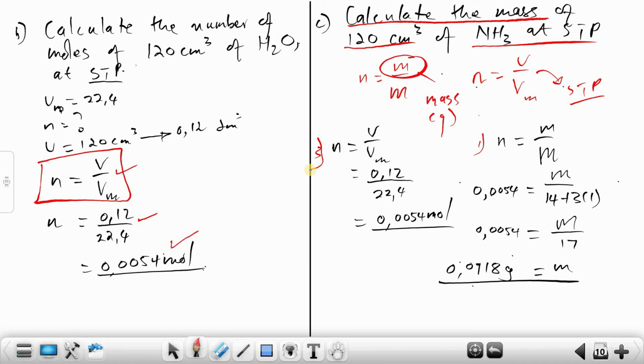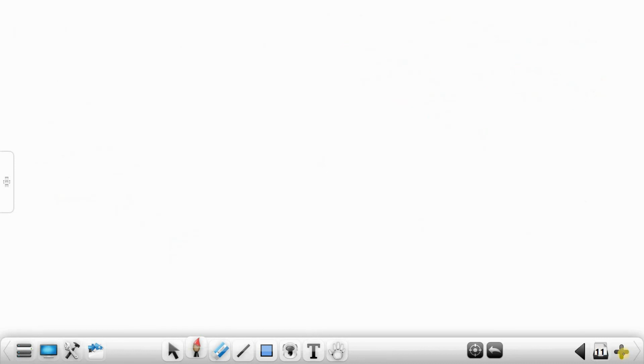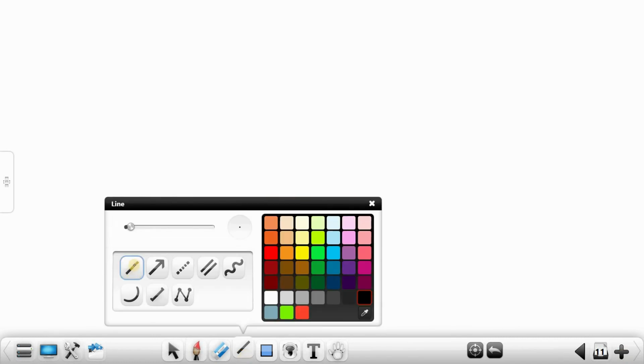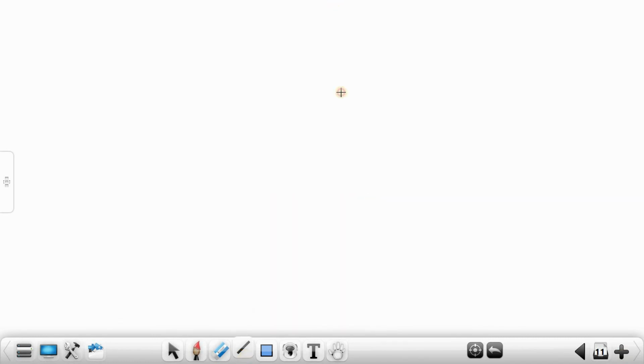The information given always gives us a guideline on how to approach these specific questions. Fine. So we are happy with the use of n is equal to V over Vm. I am going to add a page now and focus on what we call concentration. Let me add a line for the purpose of dividing the page.